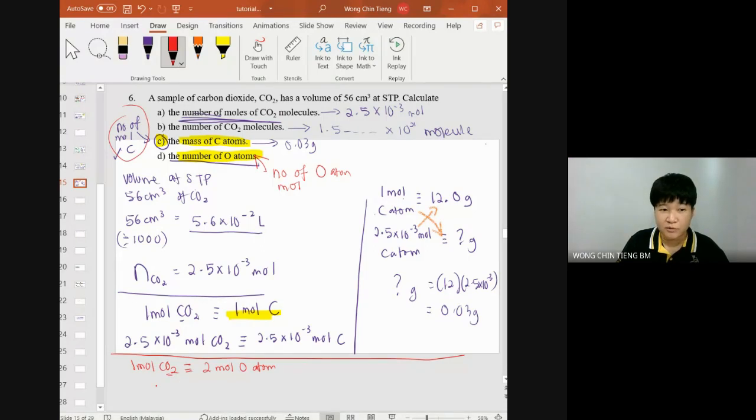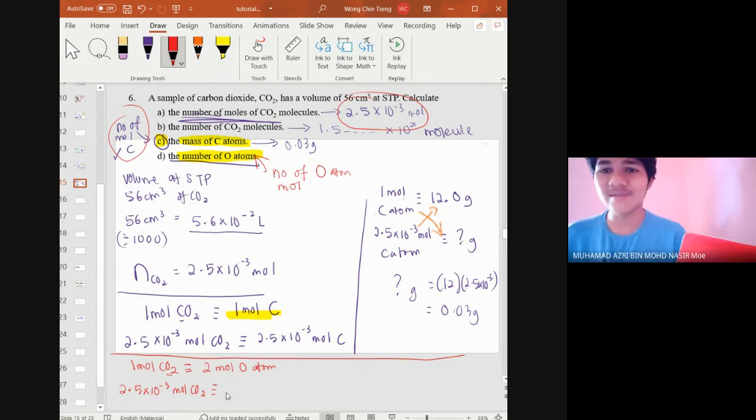Tapi kita tak ada 1 mole. Kita hanya ada 2.5 darab 10 kuasa negatif 3 mole of CO2. Ni baru jawapan kamu tadi. Berapa? 0.005.